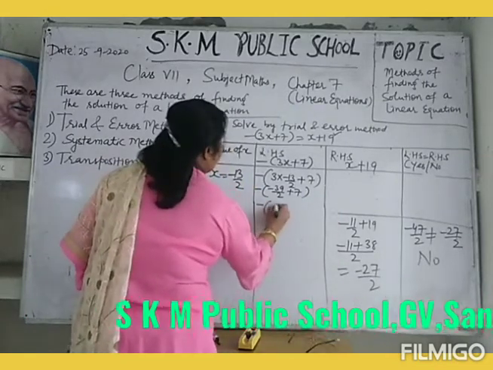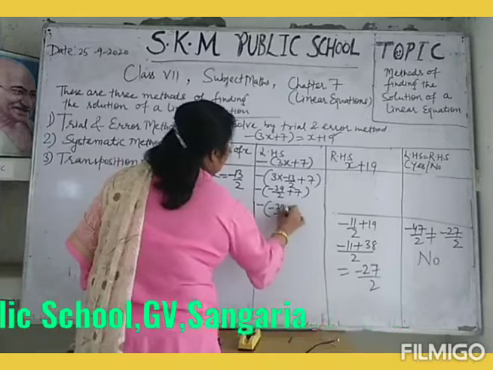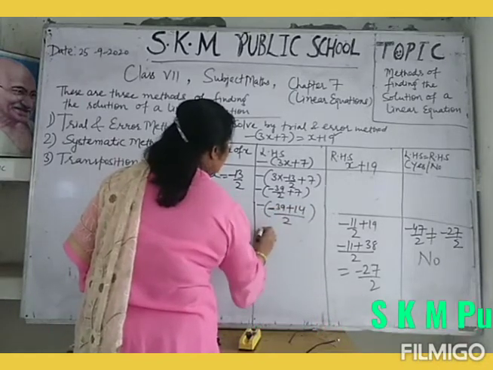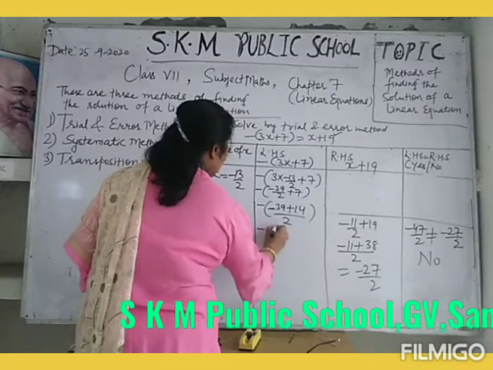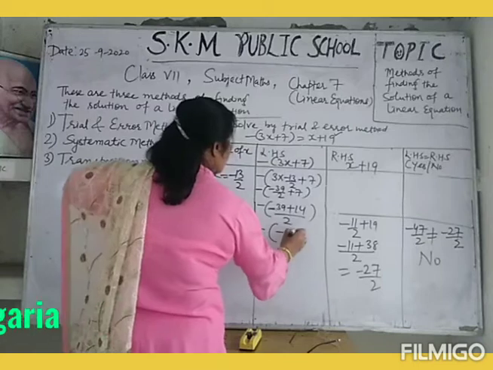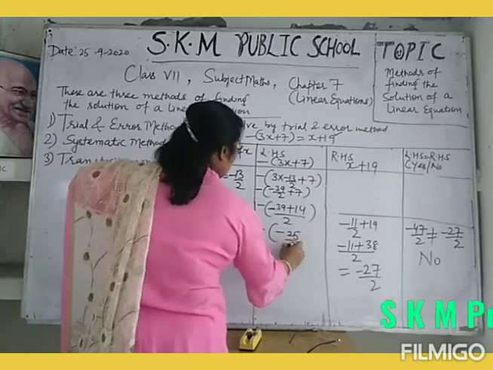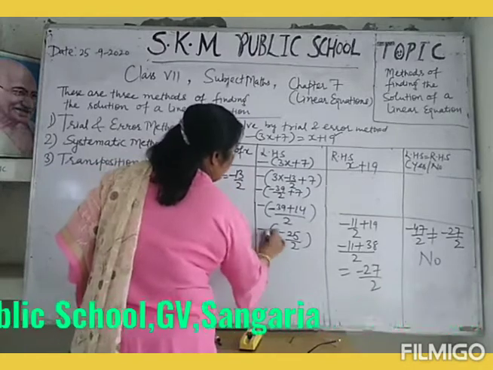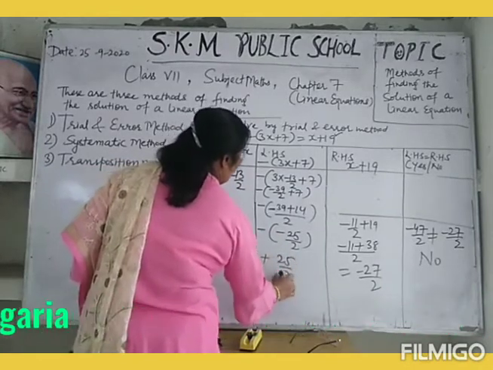Minus of minus 39 plus 40. Minus 39 plus 40, what will you get? 25 upon 2. Or you can write here, minus minus will become plus 25 upon 2.